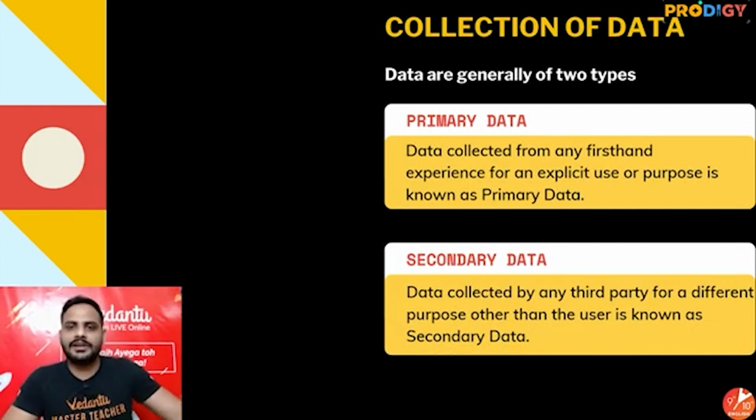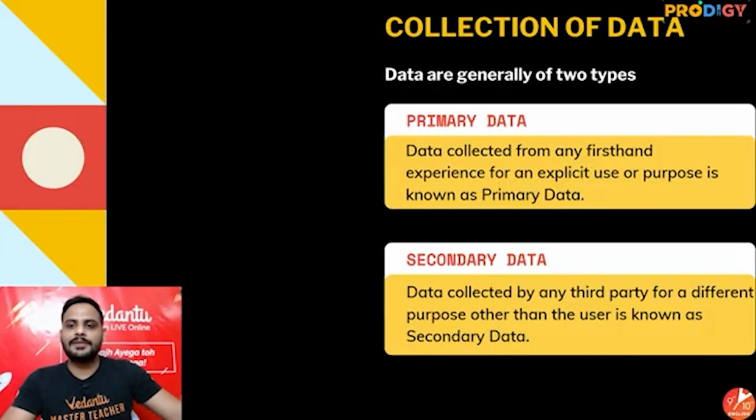Now what is primary data and secondary data? Primary data is collected from first hand experience for an explicit use or purpose. That is, the person who has collected that data, that same person is using that data, so then it will be primary data.